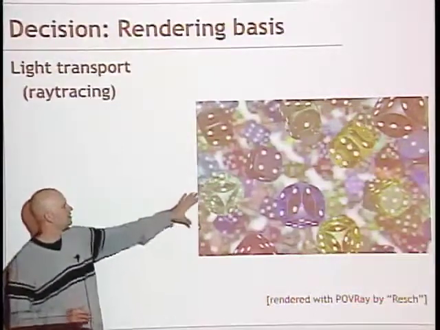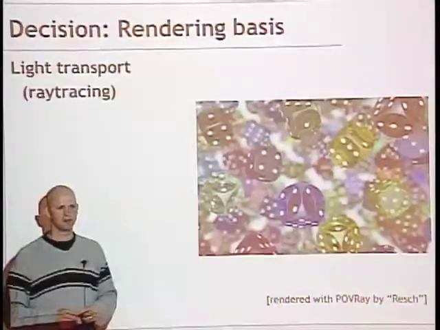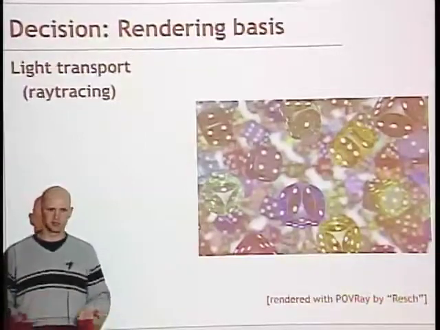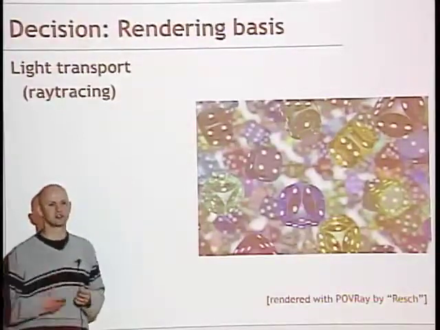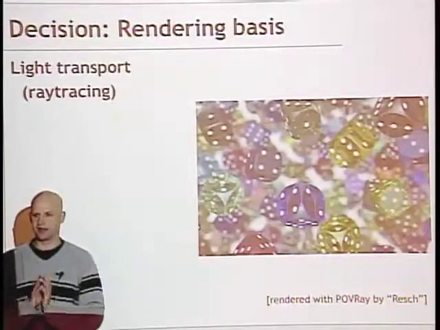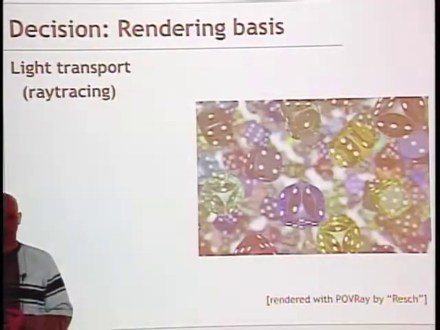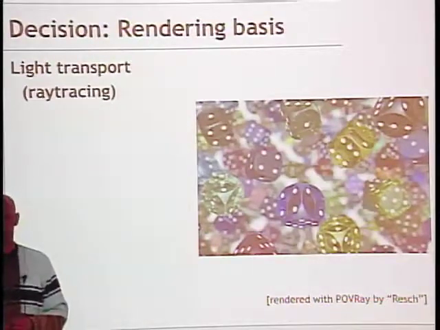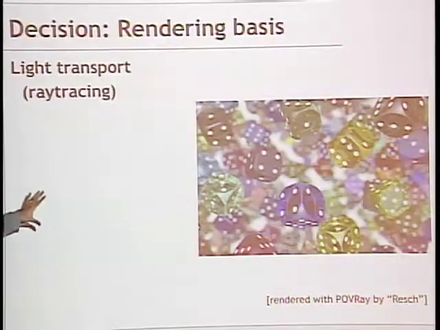And so people have started to look at doing real-time ray tracing, but anybody who's seen the pictures knows they just don't look as good as what you can do in real time using graphics hardware. But the GPU companies are very interested in being able to do ray tracing kind of effects in real time, and that's a really big area of research right now. So this is not what we chose. This is not what we do for real-time rendering.